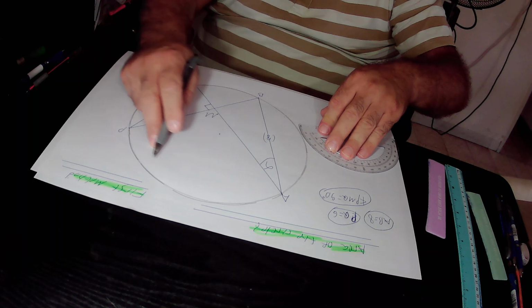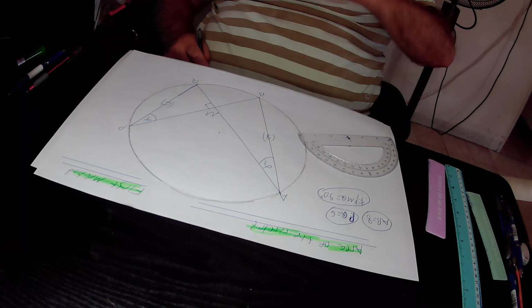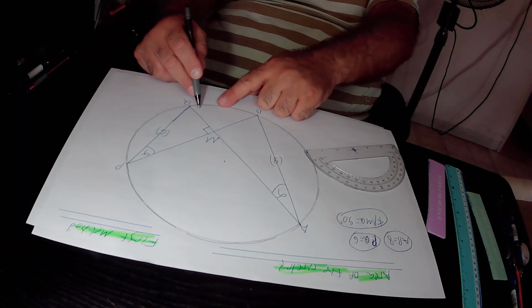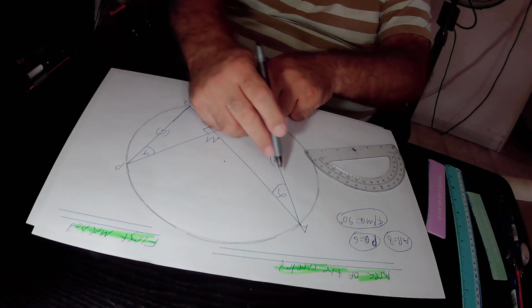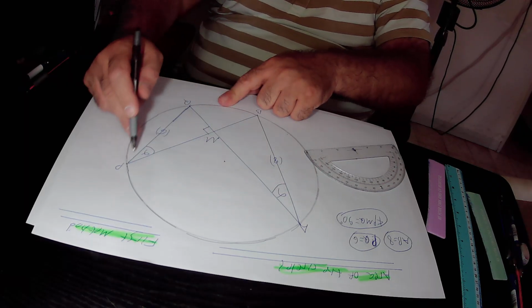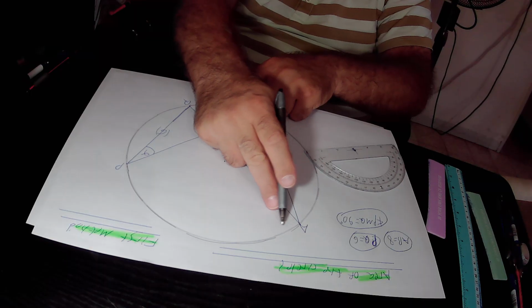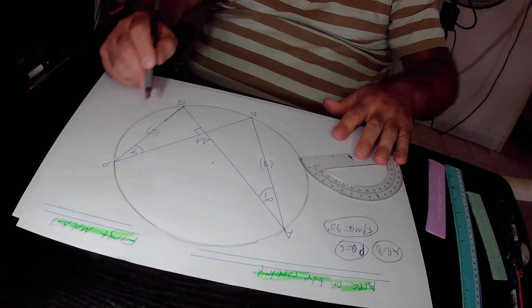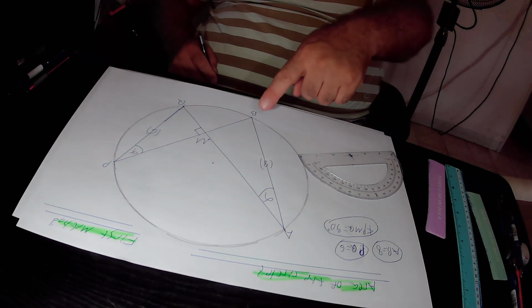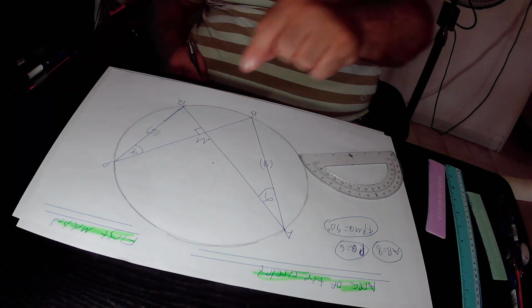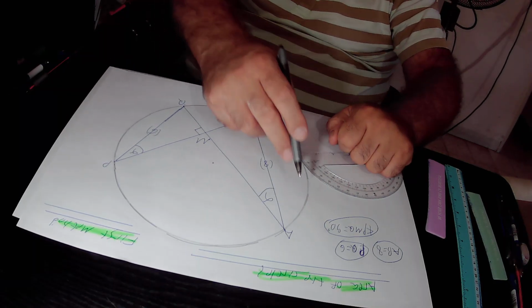This is arc AP, and this is peripheral PQA that subtends on arc AP. Again, peripheral PQA subtends on this arc AP. Likewise, we have another peripheral, that is peripheral ABP, that also subtends on the same arc AP.